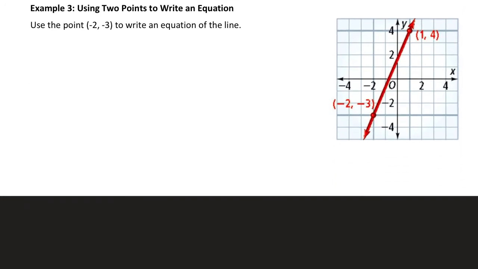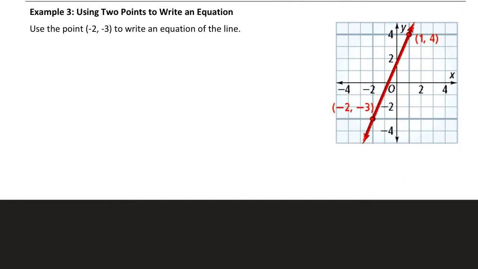Moving ahead, use the point -2, -3 to write an equation of the line. So we have our point, but we don't have the slope. Now for this particular line, we know the slope is going to be positive. And it's nice because we're given the graph. The slope, we go up 1, 2, 3, 4, 5, 6, 7, right 1, 2, 3.